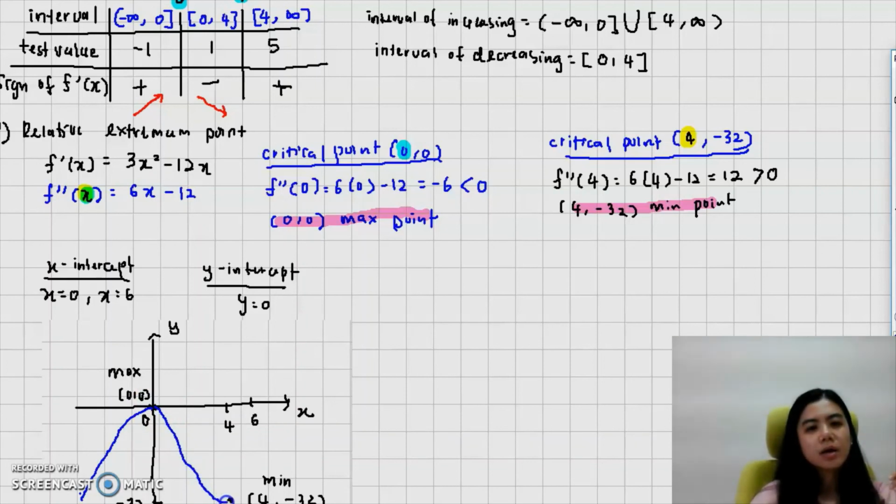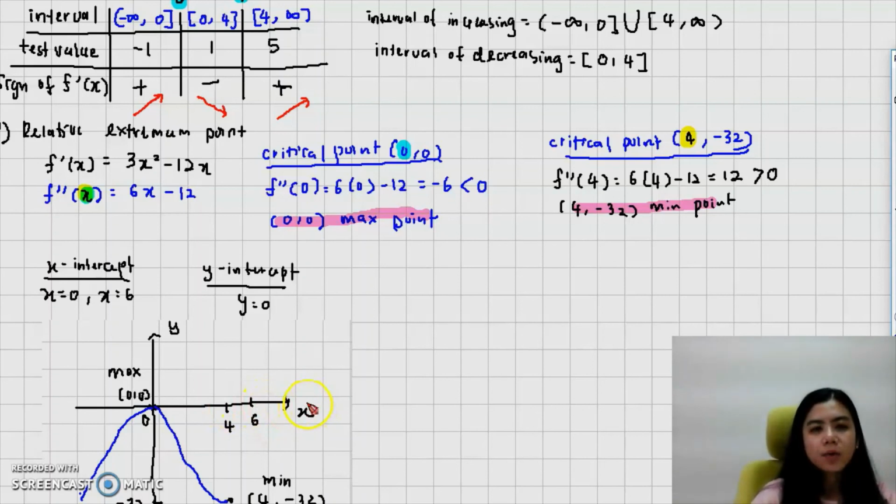Somewhere here. And then from 4 to positive infinity, that is a curve going up. So 4 to infinity: this is 4, this is 6, and we have infinity here.